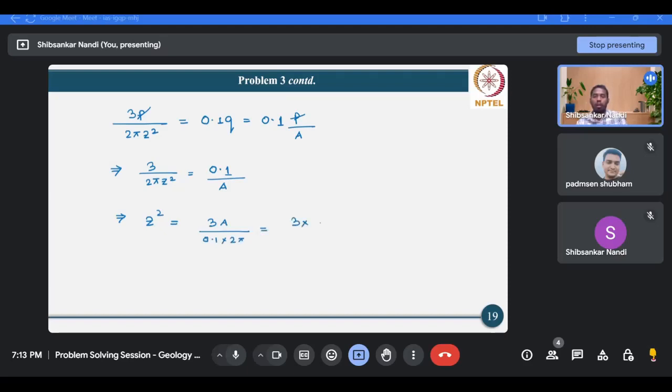A is 2 into 2, the cross-sectional area of the footing, so z squared is 3 by 2 pi into 4 by 0.1, put under the root, z is 4.37.